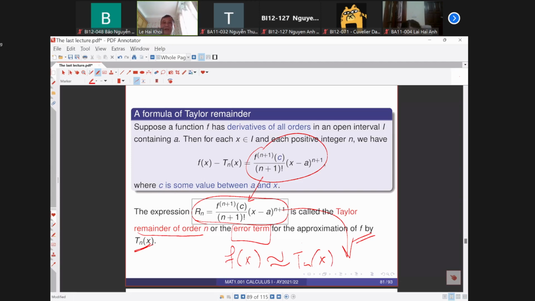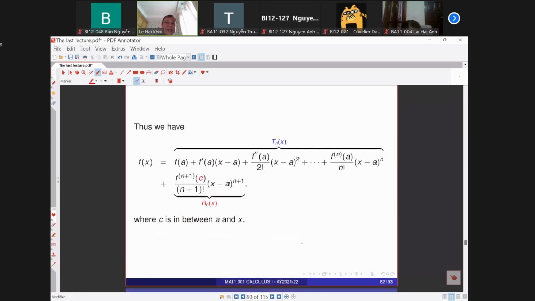Okay? So, in this case, now we can have the following representation. f(x) is always equal to Tn(x) plus remainder. But remainder here, we don't know the exact value because c is something in between a and x, for x very close to a.